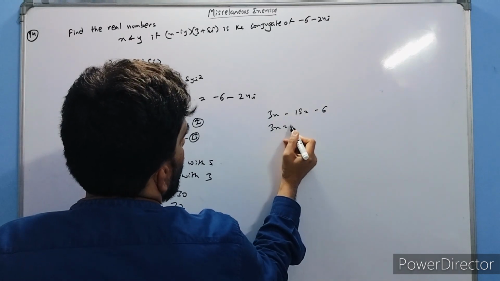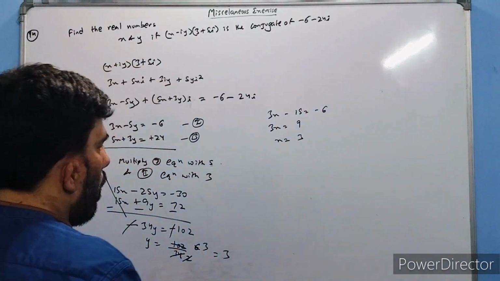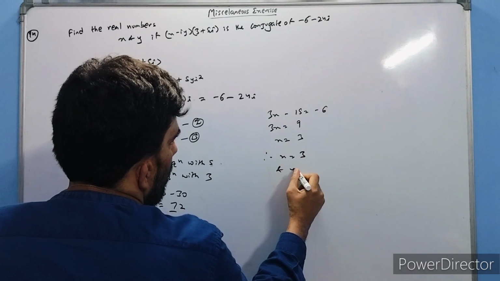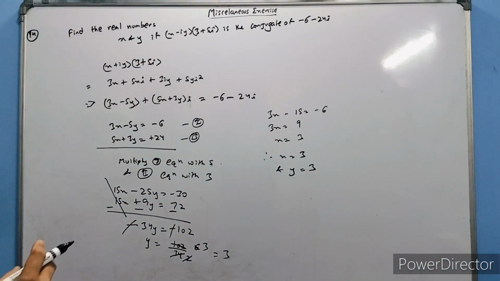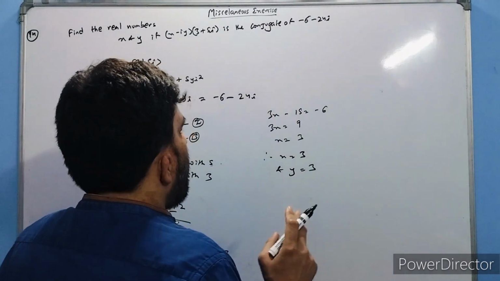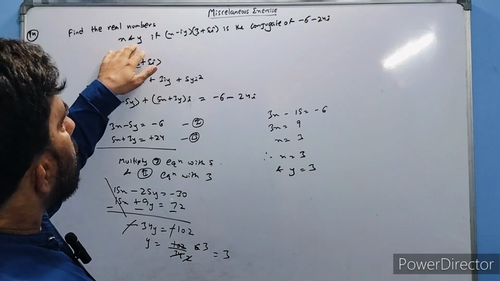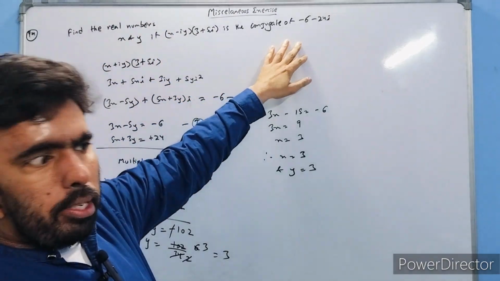So 3x is equal to 9, x is equal to 3. So we find that x is equal to 3 and y is equal to 3. That is how we are able to find the real values of x and y, because it is given that this is the conjugate of this.